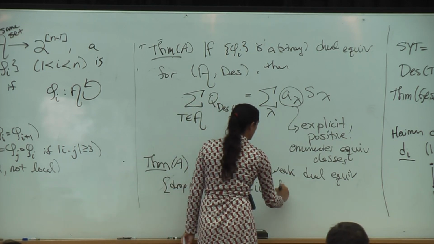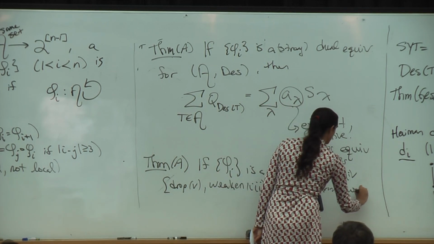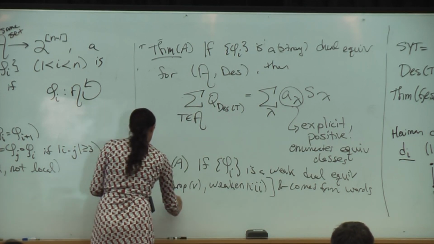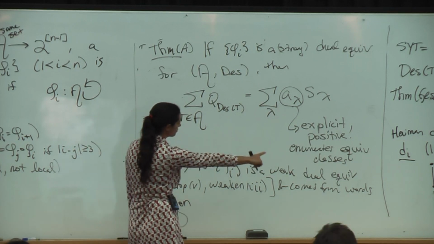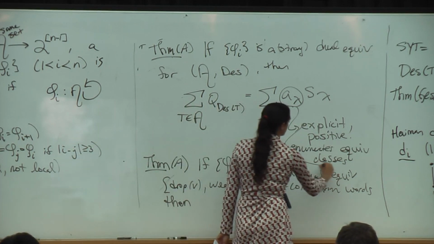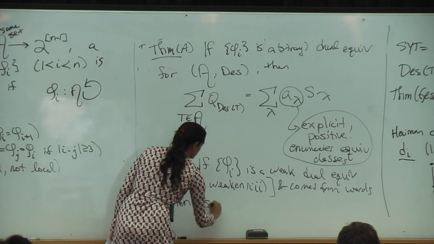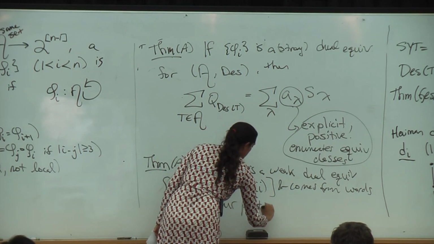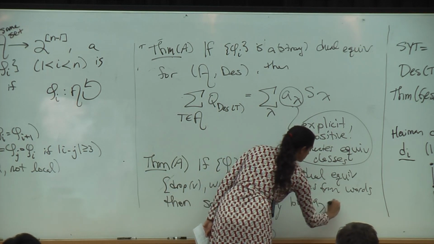If it's a weak dual equivalence and comes from words, and I'll say a little bit more about what I mean by that in a second, then you get Schur positivity, and you get an explicit thing, but it's not as explicit. So then you get Schur positivity, but A_lambda is complicated.